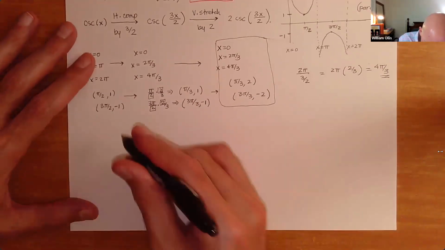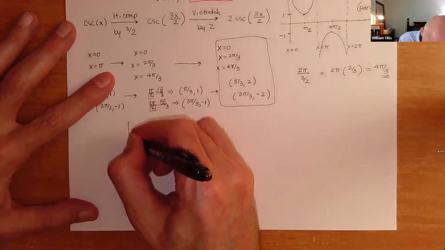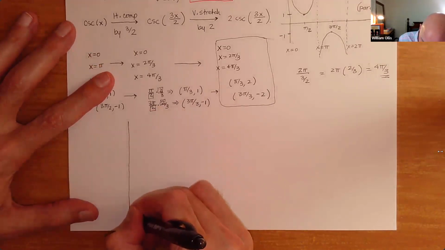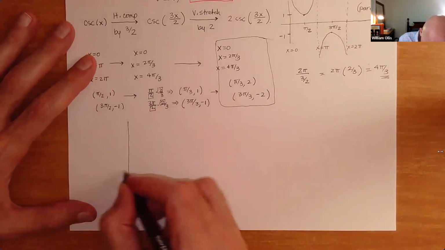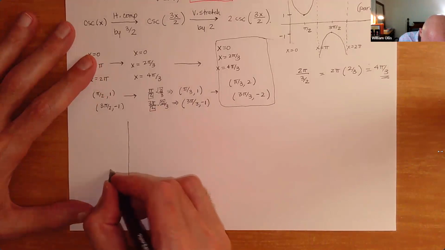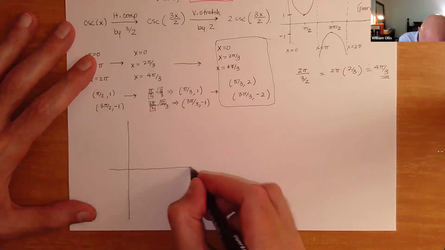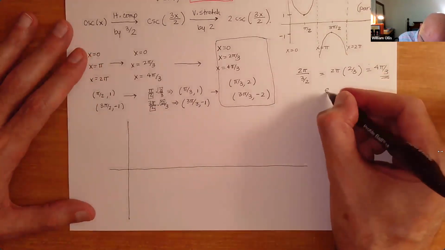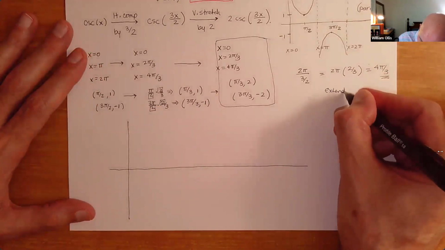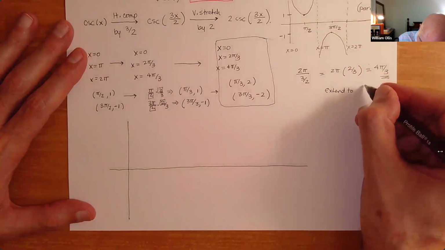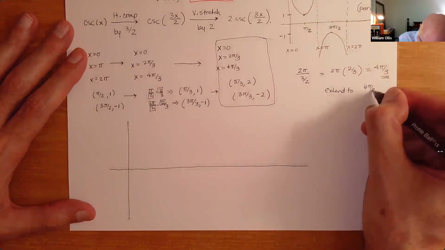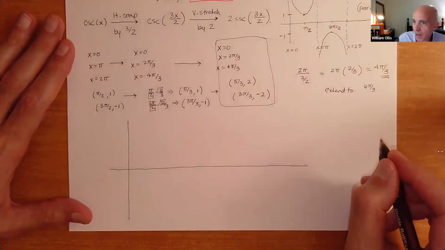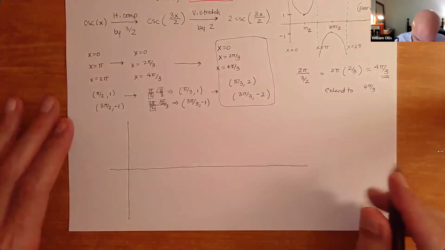So now let's go ahead and draw this, so we can put in all of our thirds and make it easy to draw. So again, we extend to, in this case, 6 pi over 3. And of course, that's going to give us a 5 pi over 3 as a point. So we can just put thirds here.